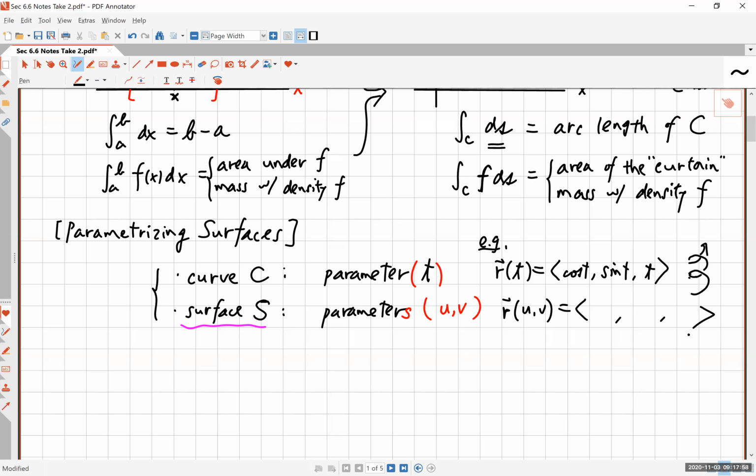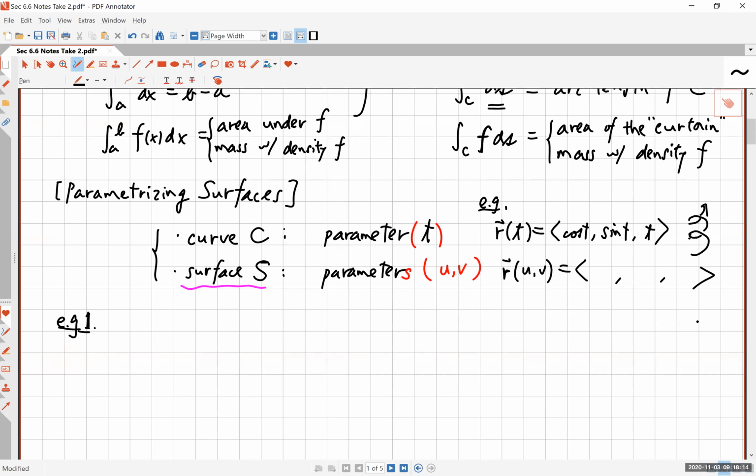All right, so with this as background knowledge, I am going to give you several examples of these parameterized surfaces, and I'll go from the easy to the more difficult ones.